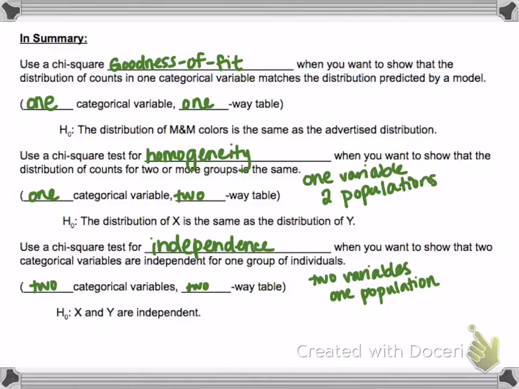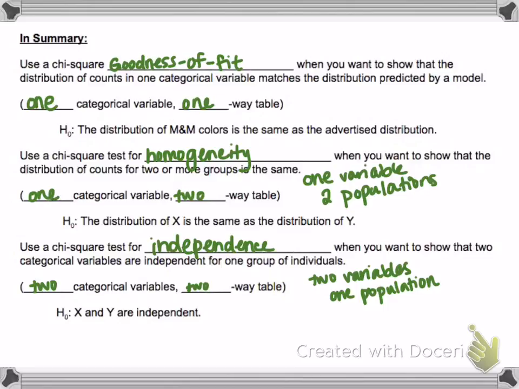Another example the book gives is the rate of people getting hepatitis C versus people having tattoos. Comparing that one population, is getting a tattoo independent of getting hepatitis C? There might be an association there, maybe. Those are the three different tests.